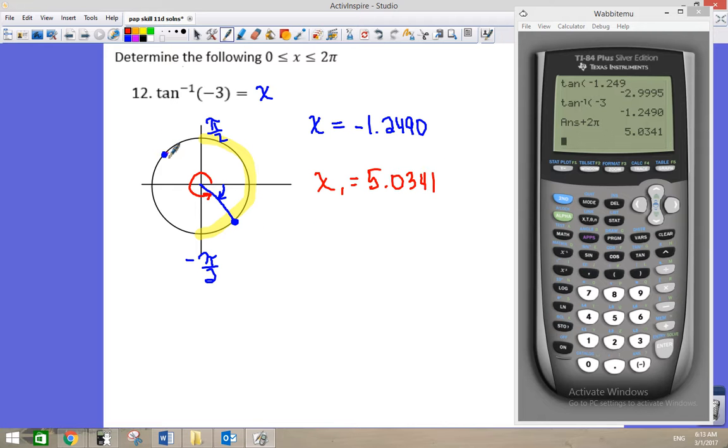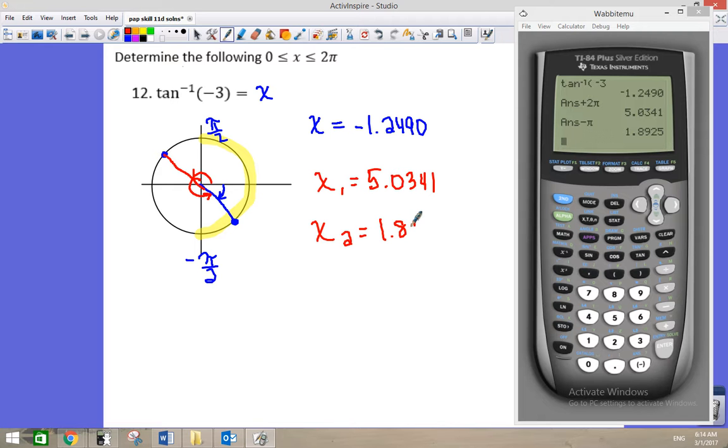Now, I'm interested in jumping over to this other point. Well, I went past that point as I rotated there. So if I just subtract pi, then I'm at this angle right here. So that's my second solution.